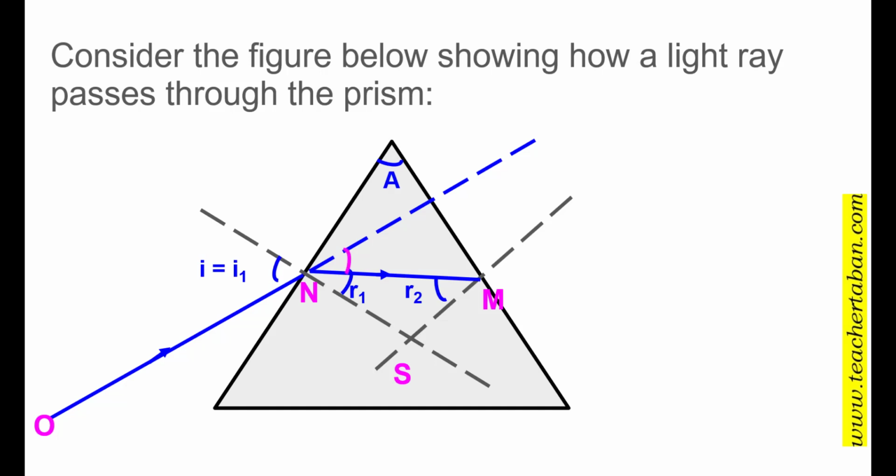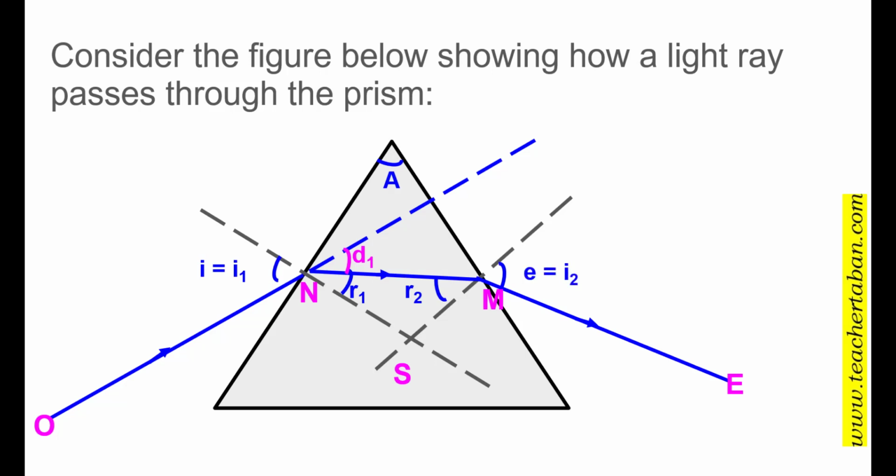And then, if the light ray was simply going through air, it would be going along the dotted line, and because it has been deviated through a small angle, we shall call that the angle of deviation D1 at that point N. Likewise, if we have the ray NM incident at point M to undergo refraction into air as shown by that ray ME, the angle between the normal and the ray at point M is called the angle of emergence.